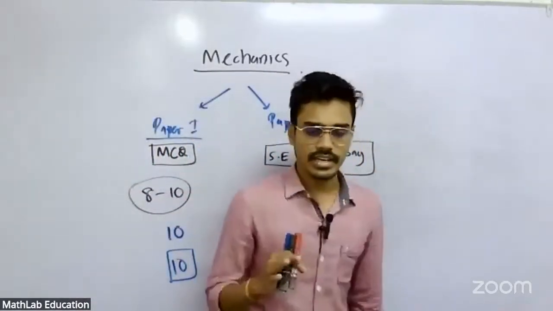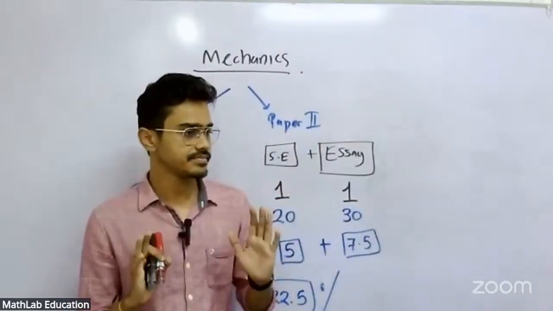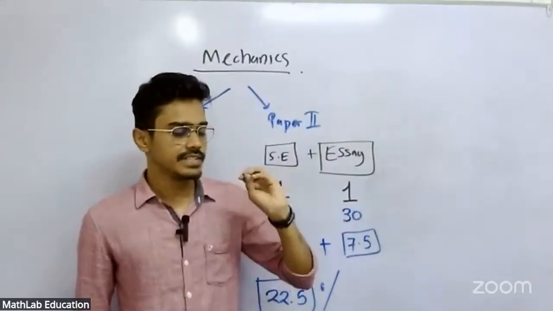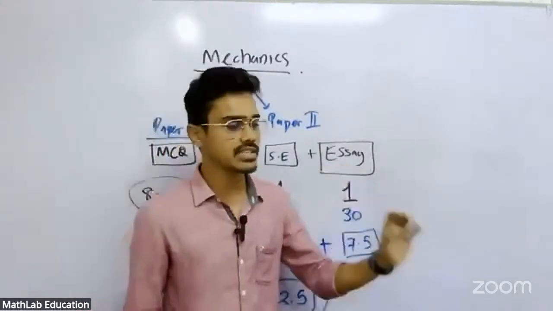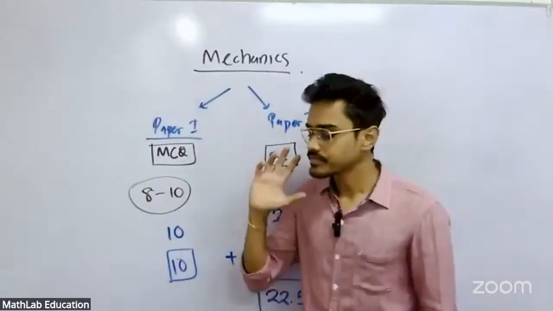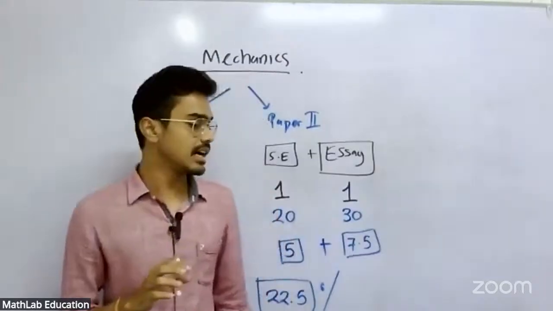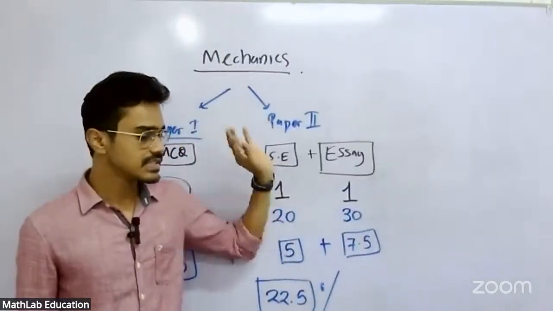So emphasizing again, this is the unit we have with the highest number of links. Since it has the highest number of links, it's the most critical unit we have in our syllabus. So therefore, don't miss any classes, always stay in the live classes and get everything from zero here.